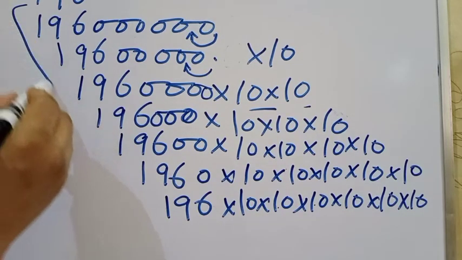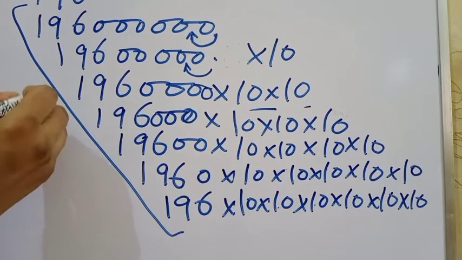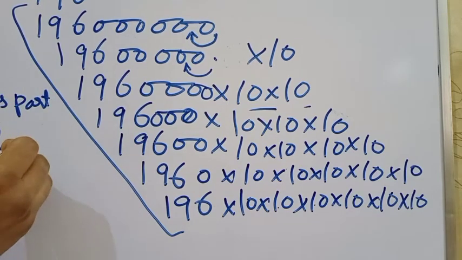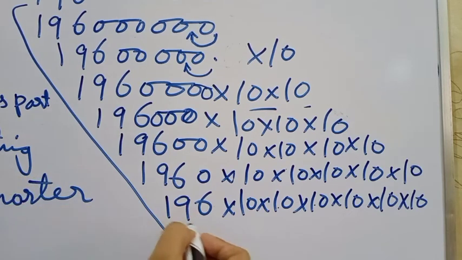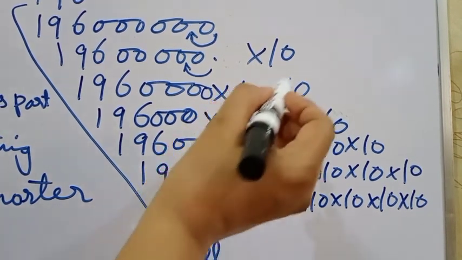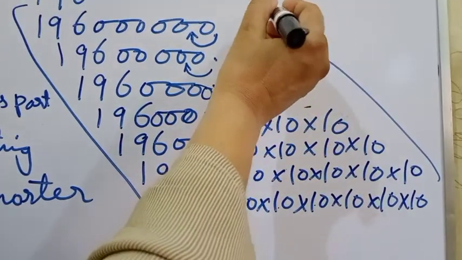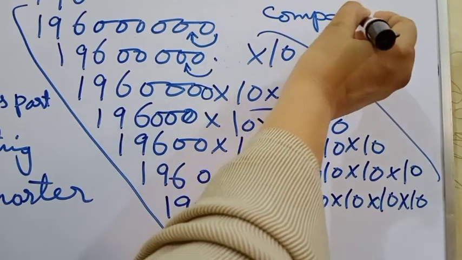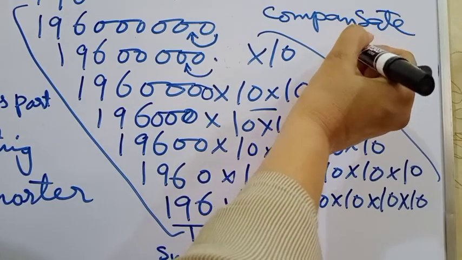We observe that this part, the number, is getting shorter and becoming small, and this part, which compensates, is getting longer.